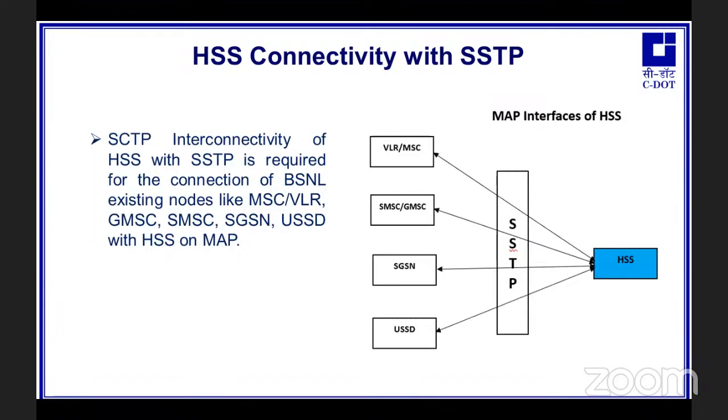So these are the different servers with which HSS needs to be integrated or connectivity needs to be ensured. That is VLR, MSC, that is SMSC or GMSC. With SGSN also we need connectivity. For USSD star 1 to 3 or these services, we need to integrate HSS with the USSD server. So this is the overall connectivity.